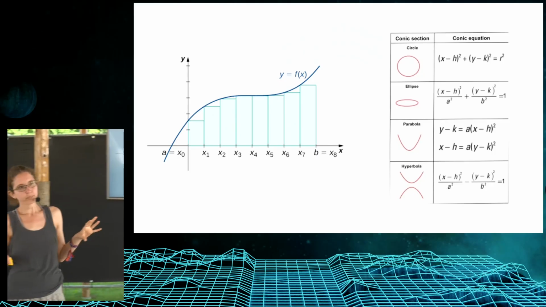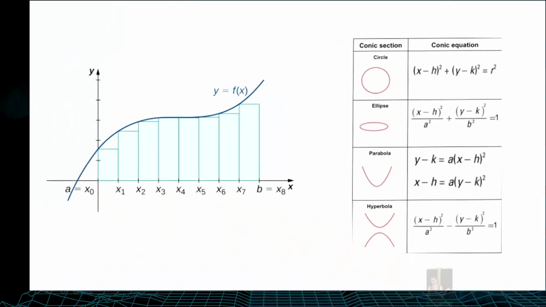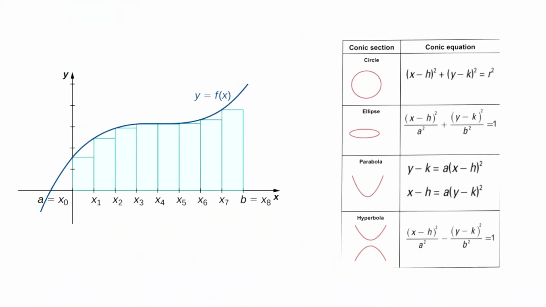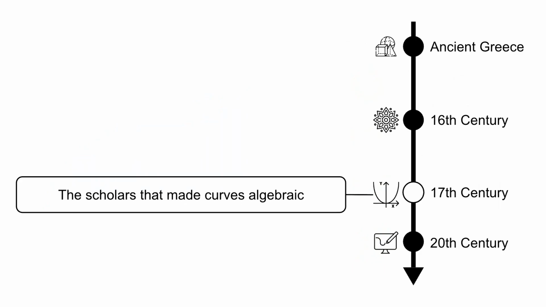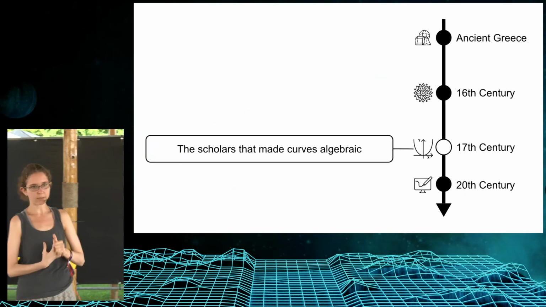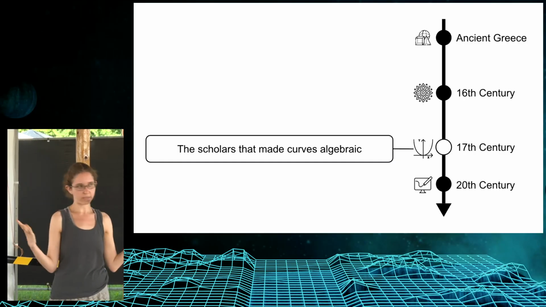So what he did, this crossing of algebra and geometry, was really a new thing during that time, and is one of the things that enabled or were part of calculus. So again, we see that people are thinking about curves, this time in a more abstract kind of way.